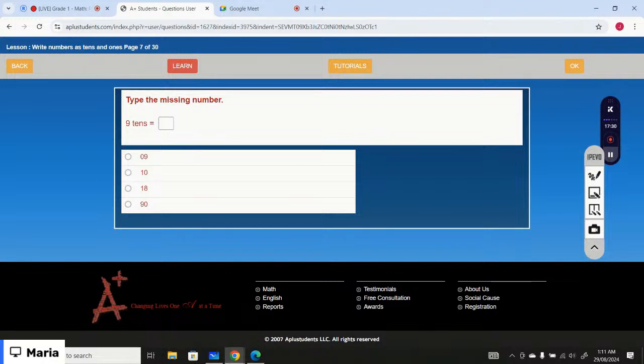When you are not given the digit at the ones position, that must be 0. So 9 tens means the ones digit is 0, and together they make 90. Got it? The fourth option is the correct option.